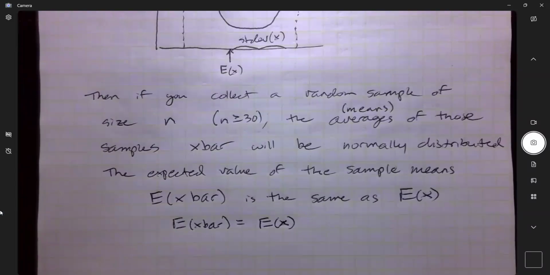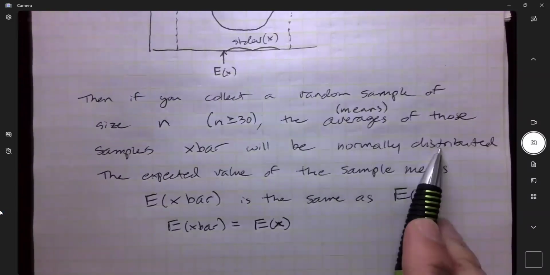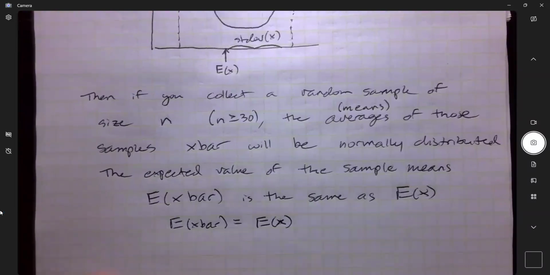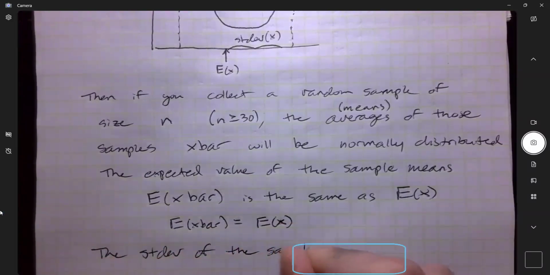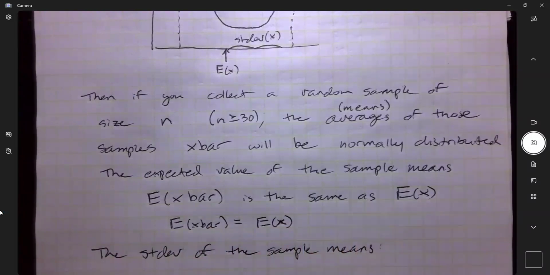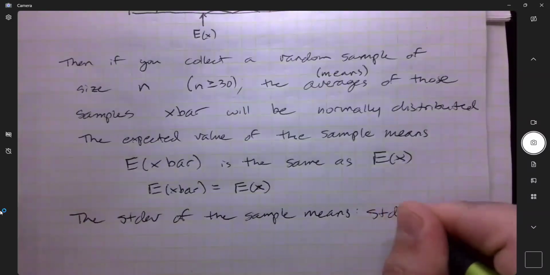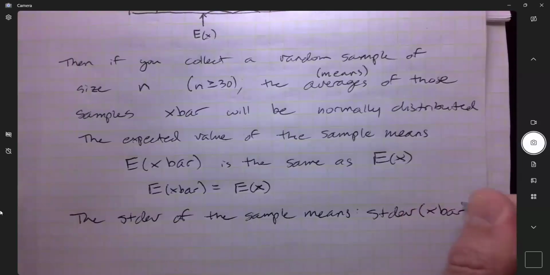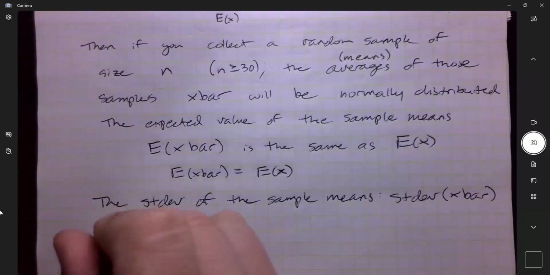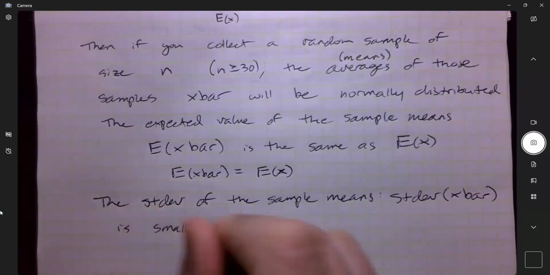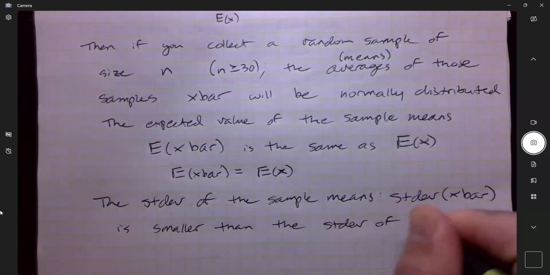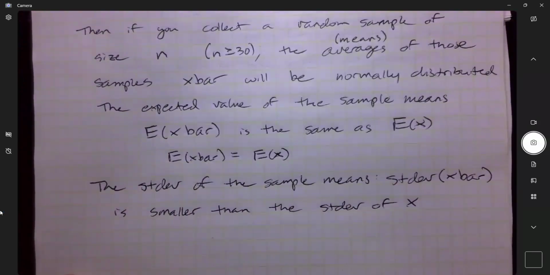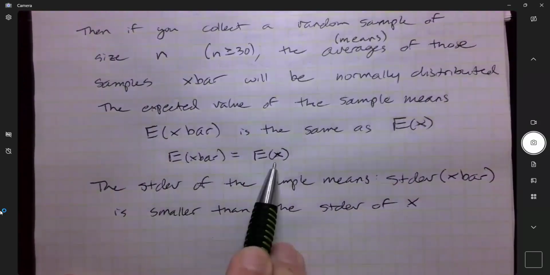And we get one more piece of information out of this, because a normal distribution has an expected value and it has a standard deviation. The standard deviation of the sample means, this is stdev, not of X, but of X bar, is smaller than the standard deviation of X itself. Our sample means are going to vary less than our observations.